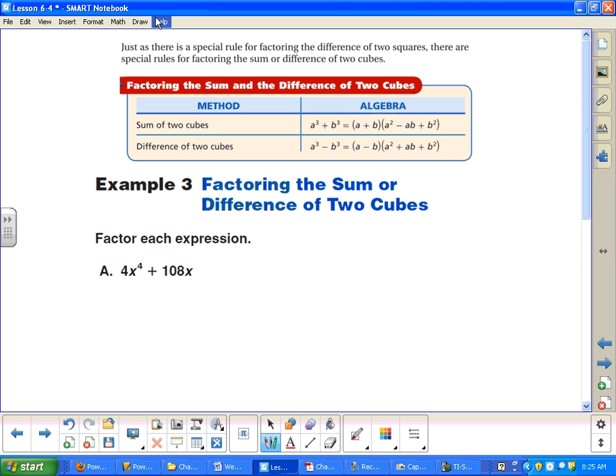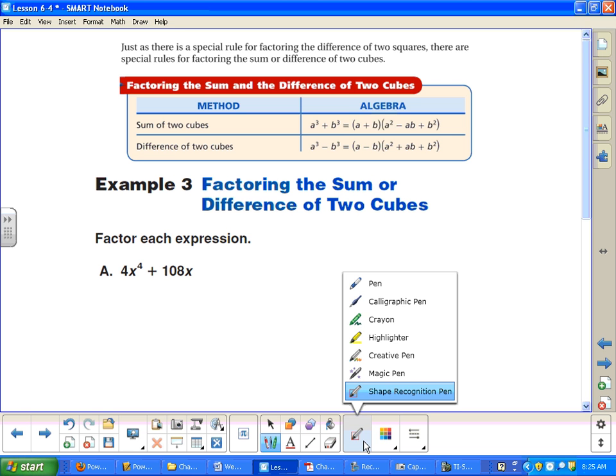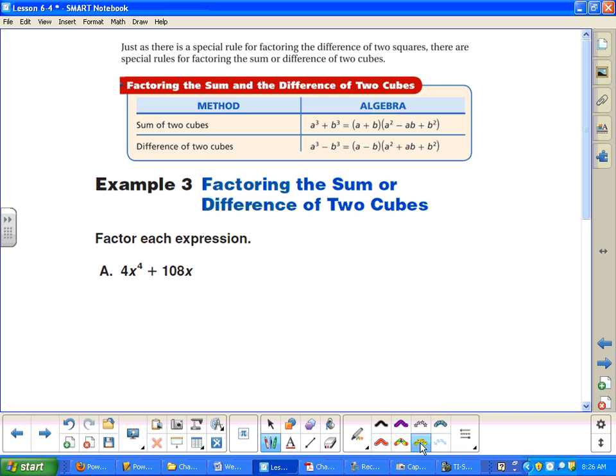So the sum of two cubes says if I have a cubed plus b cubed, that's factored into the quantity a plus b, so the two things that are cubed, times the quantity a squared minus ab plus b squared.